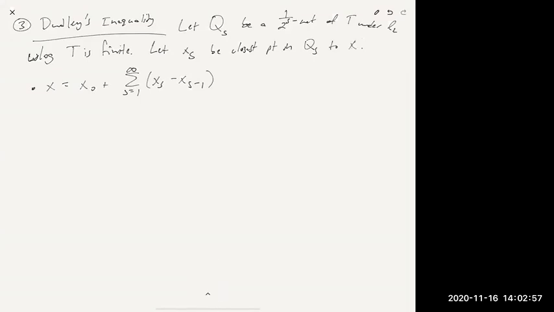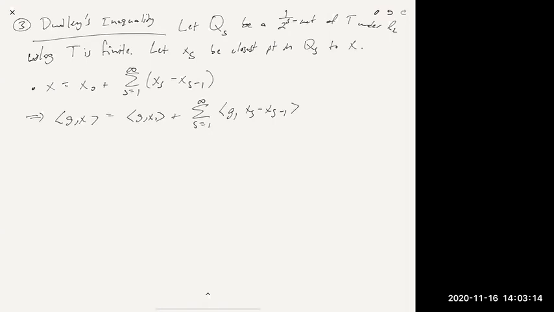Okay. So this implies that g dot x is equal to g dot x0 plus the sum of g dot (xs minus xs minus 1).